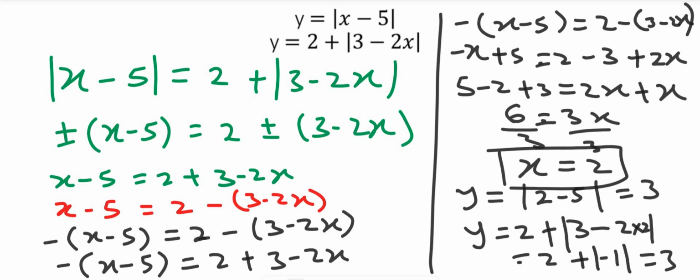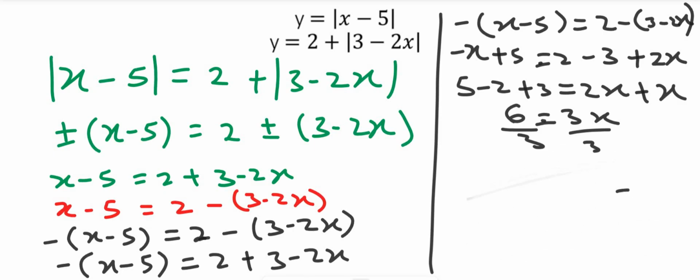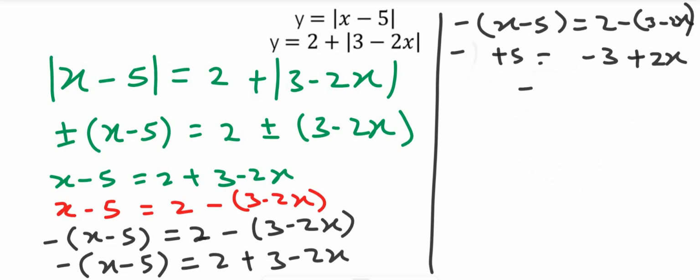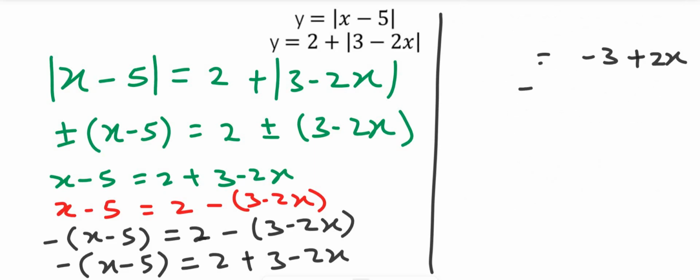So since I've gotten the first x value to be 2, I need to get the y value and get the coordinates. It's a simultaneous equation where you need to get your x and y values. Oh, sorry, since the y value is the same thing for all of them, I made a mistake. I've gotten the y value.